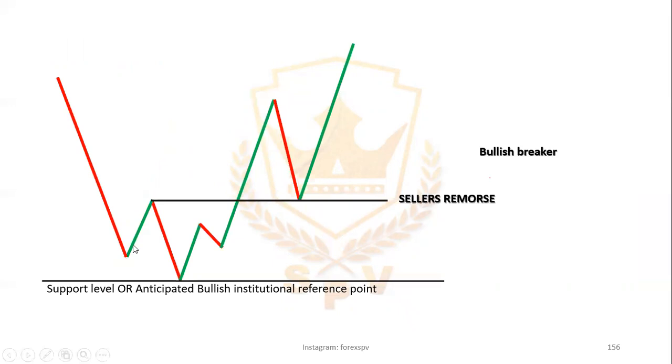And for a bullish breaker block, you would find the initial low that was formed has been broken, and therefore the market will come around the seller's remorse area. So the last green candle right there prior to the swing forms what we call a bullish breaker block.